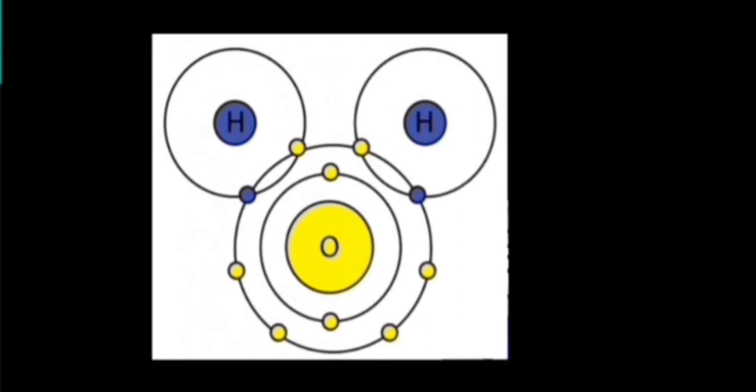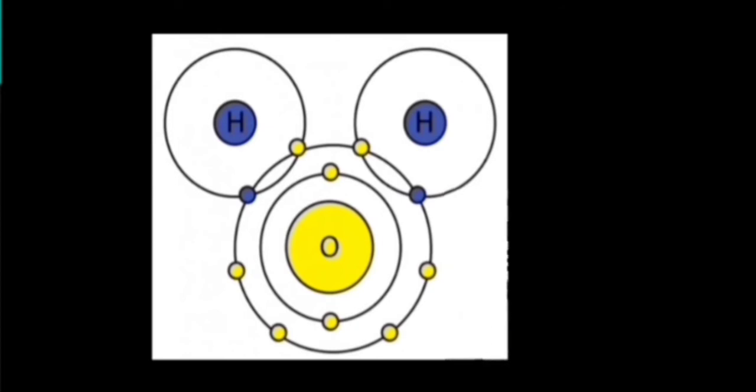For this, it reacts with hydrogen and shares its outermost electrons with hydrogen, where oxygen completes its octet configuration and hydrogen also has 2 electrons in its outermost shell. And this is how the chemical reaction takes place.